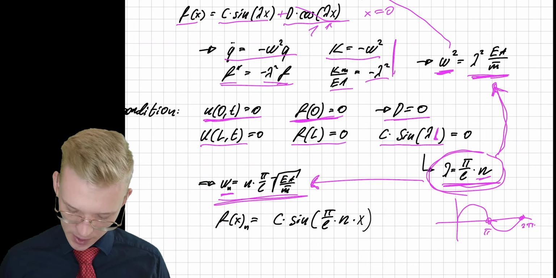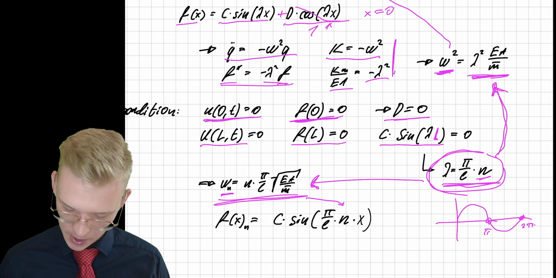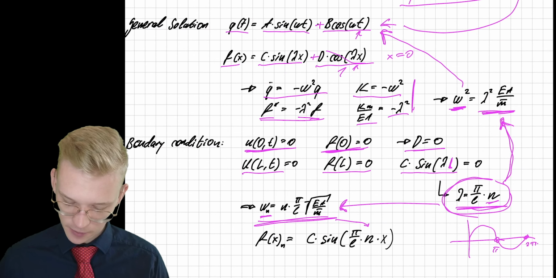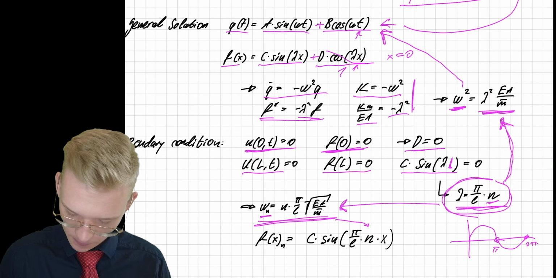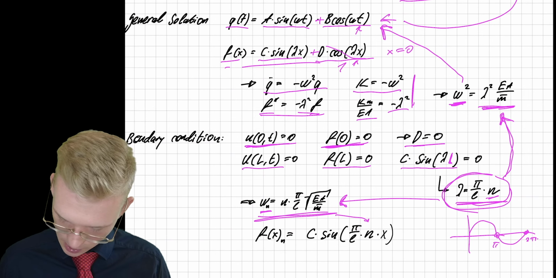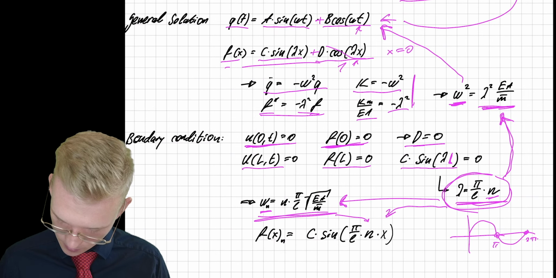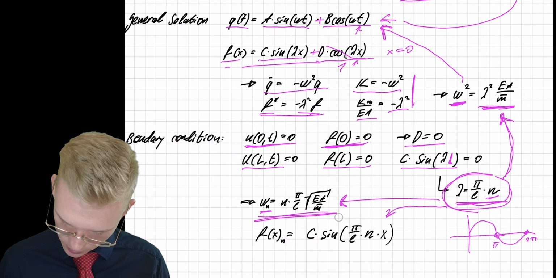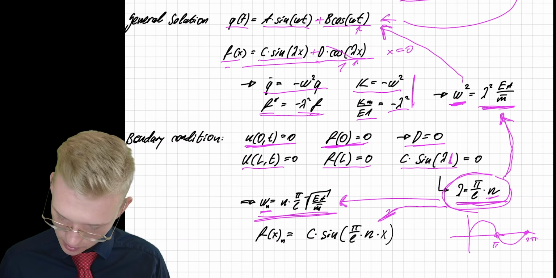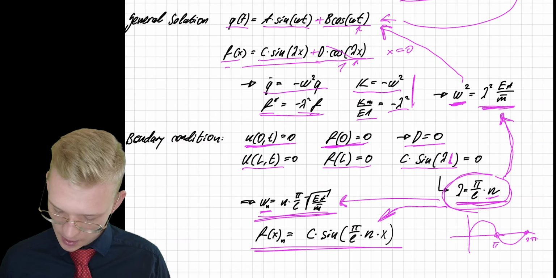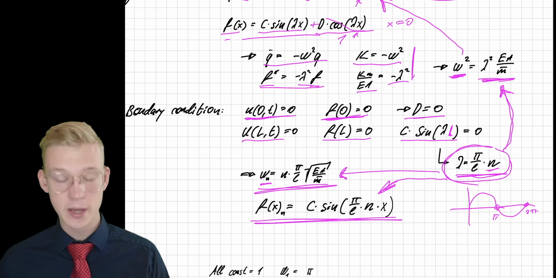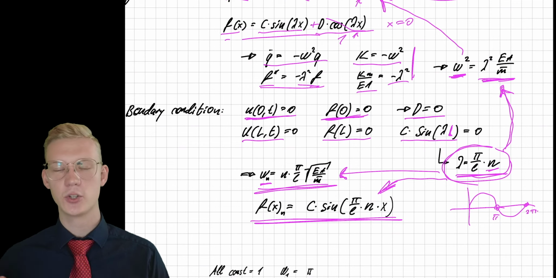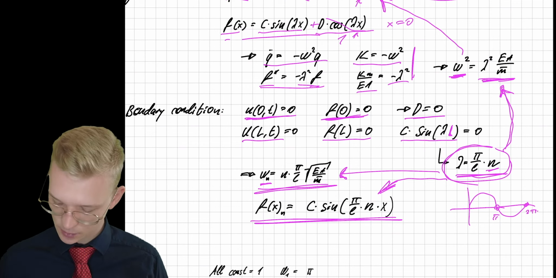And we can insert those into our space function, so f of x, because this is our lambda. This was wrong. We don't insert the eigenfrequency, we insert the lambdas, and we will see that these are our infinitely many possible eigenshapes of our system, which the system can take.